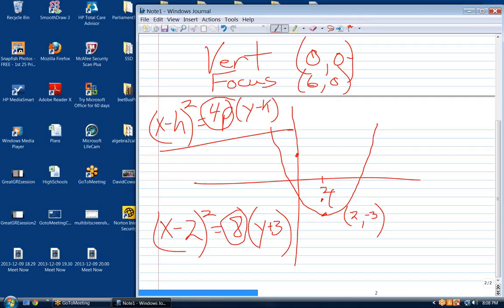So the coordinates of the focus would be 2, minus 1. And the directrix is always perpendicular to the line that connects the focus and the vertex, and it's the same distance from the vertex that the focus was. So what is the equation of this horizontal dotted line?